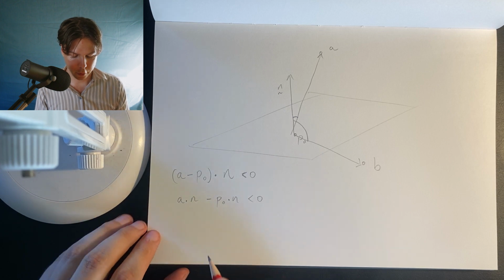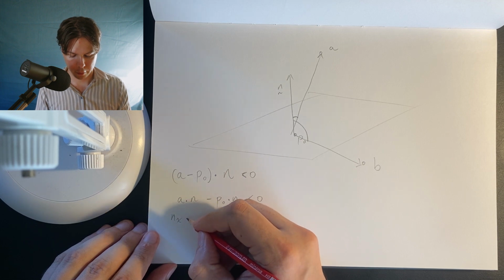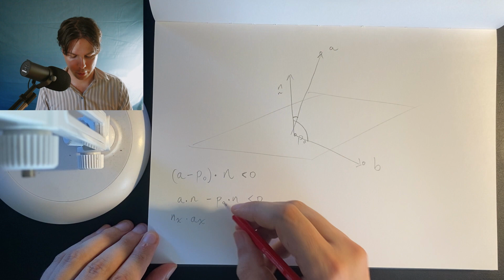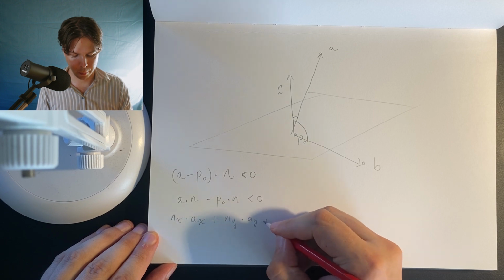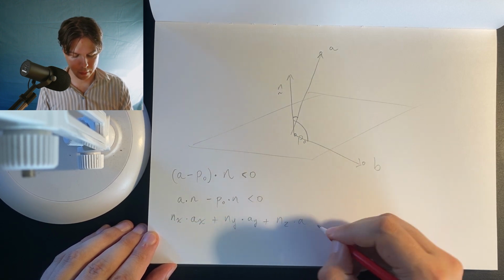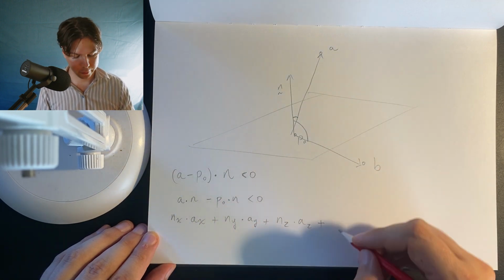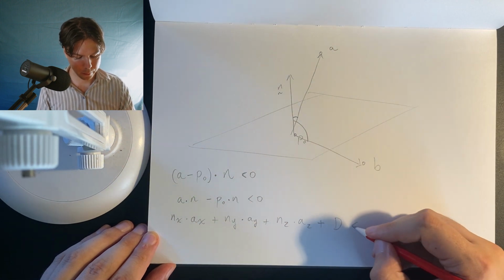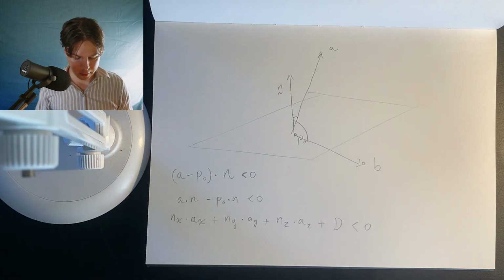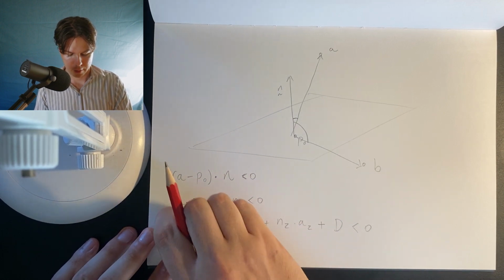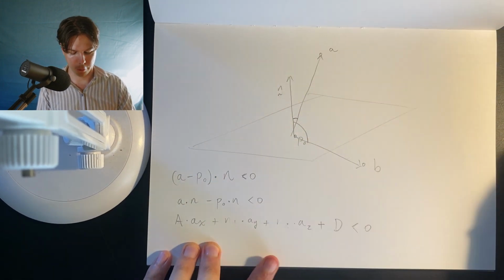Now if we take A dot normal, component wise, that's the normal x component times the x component of our point plus the normal y component times the y component of our point plus the normal z component times the z component of our point, and then plus, remember this negative P0 dot n was defined as the D of our plane, and in addition to that, this nx, ny, nz, these are actually the A, B, C coefficients of our plane.